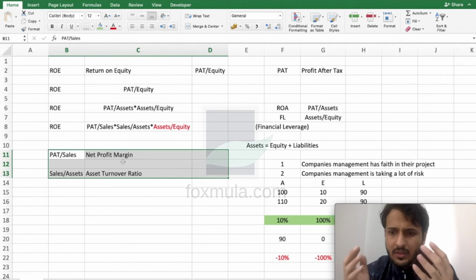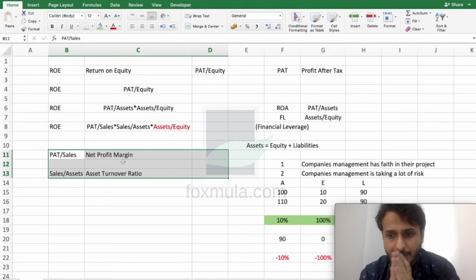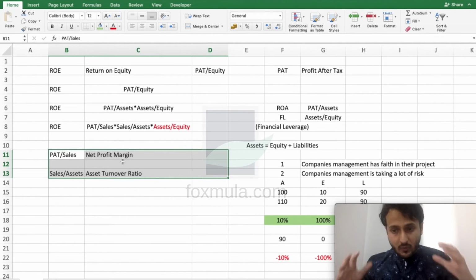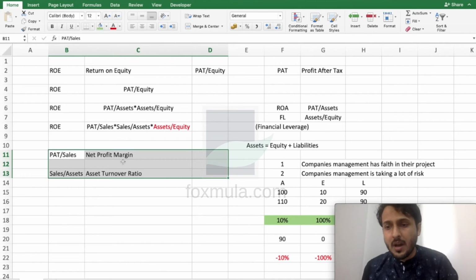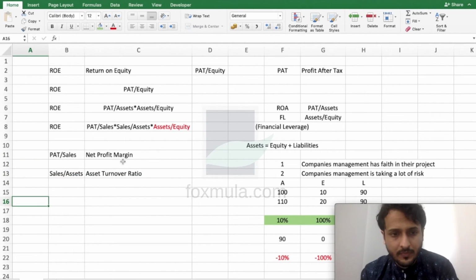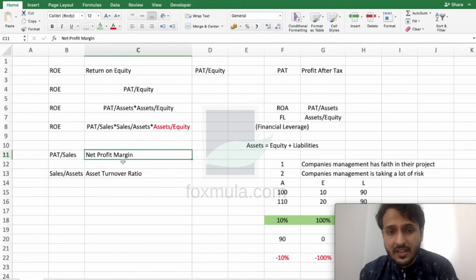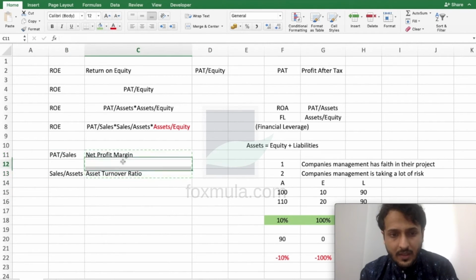So let's start with a DMart kind of business or a Walmart kind of business. When I say a Walmart or DMart kind of business, they are a retail store who are selling things at a very low cost, at a very low margin. So their net profit margin is very low, while their sales upon asset, that is asset turnover ratio, is very high.